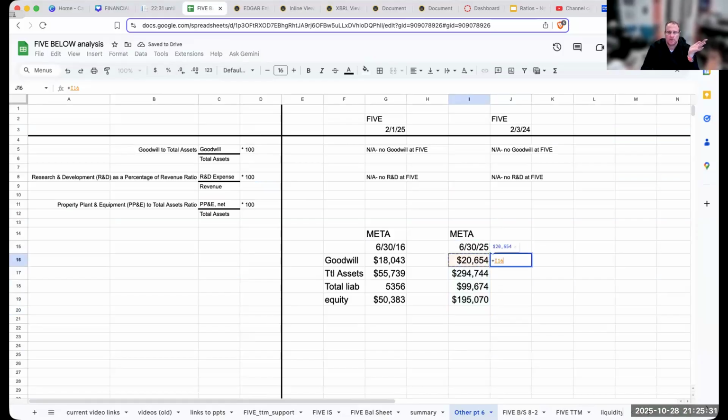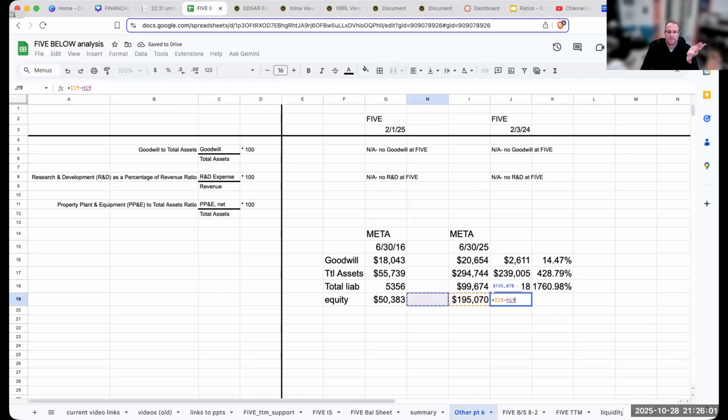So goodwill has increased by roughly about 15%. But my total assets has gone up, on a percentage basis, by about 428%. My liabilities have also increased by a pretty dramatic factor, but it's still less than total assets.